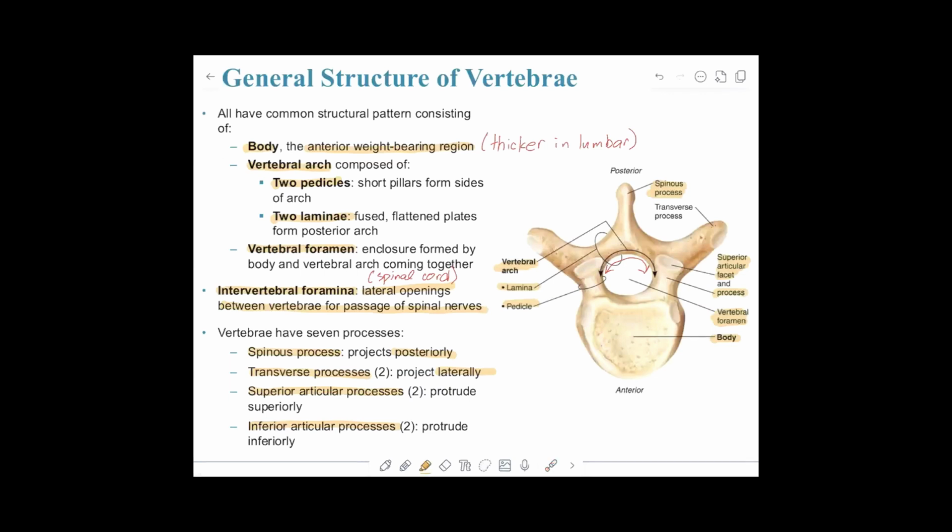The facet is very interesting because it forms a joint, and imagine a smooth joint from a superior vertebra. So this is going to represent one facet surface, and this is another facet surface. When those two interact, that forms a joint which allows you to lean forward and to lean back.